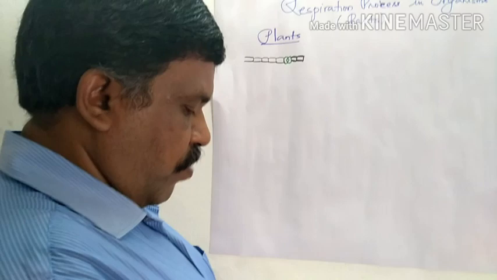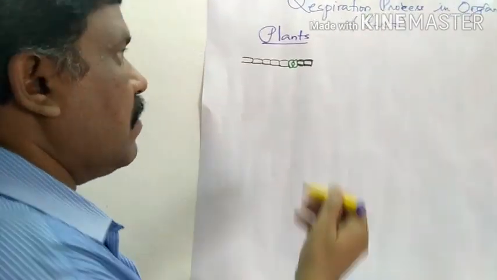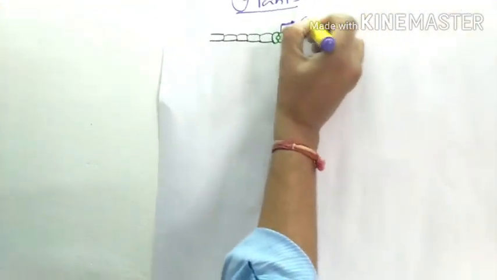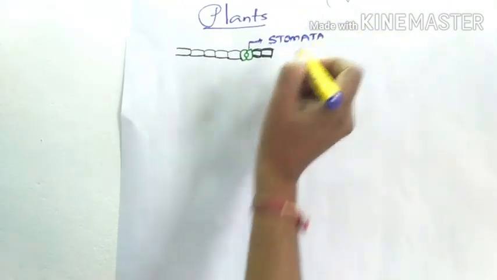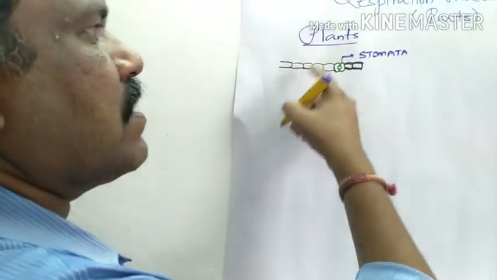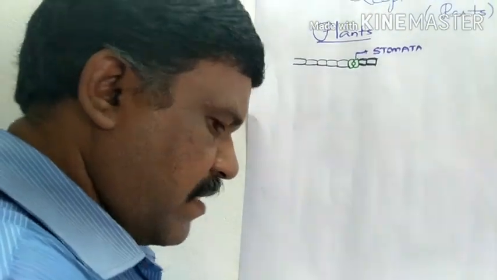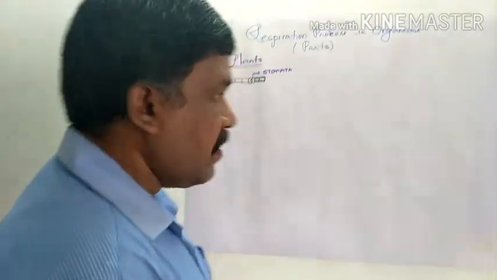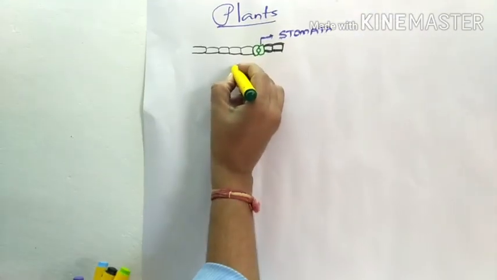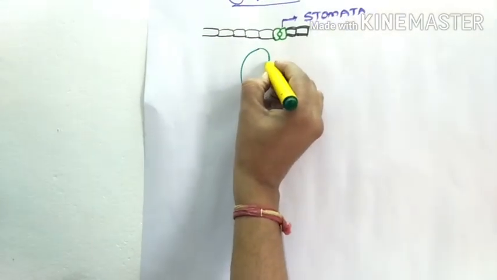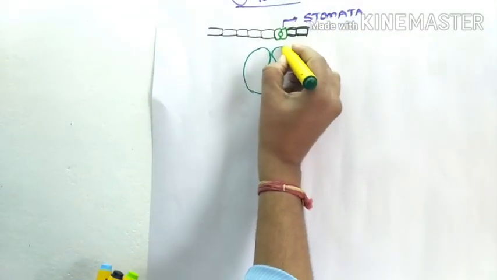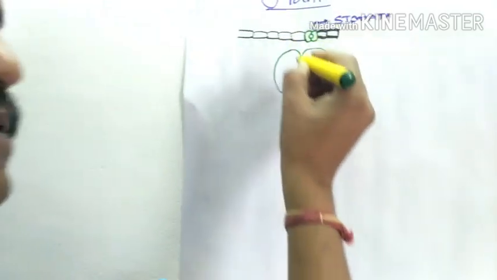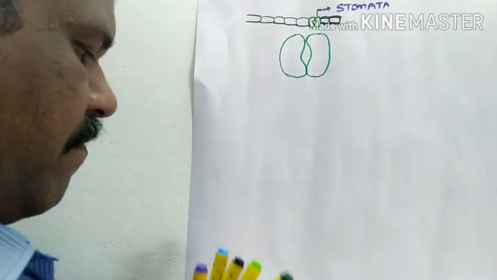And this is what is called the stomata. Now, if you see a clear picture of the stomata, let me enlarge it here. It appears like this, a bean-like shape, almost like the structure of a kidney.